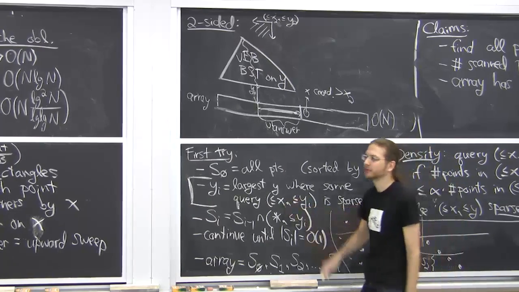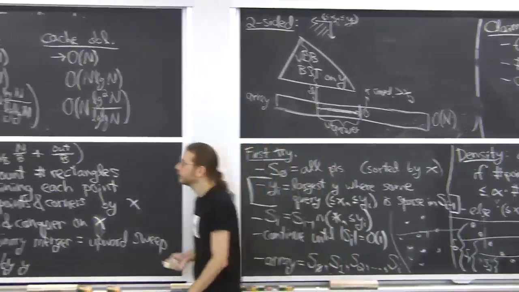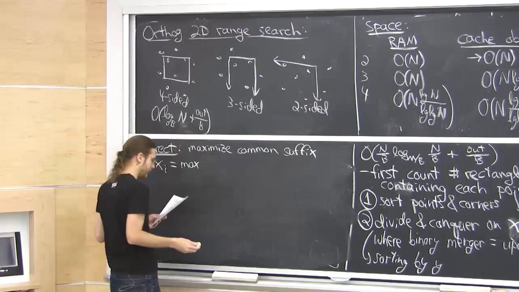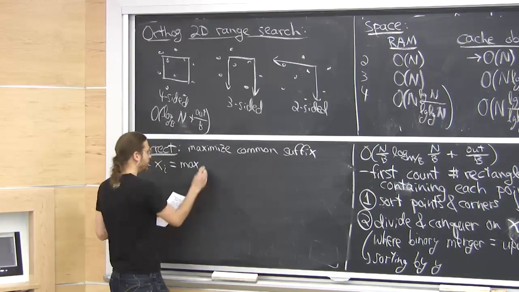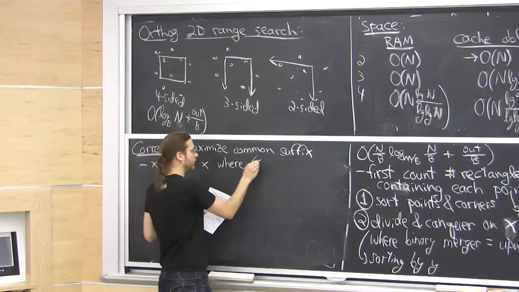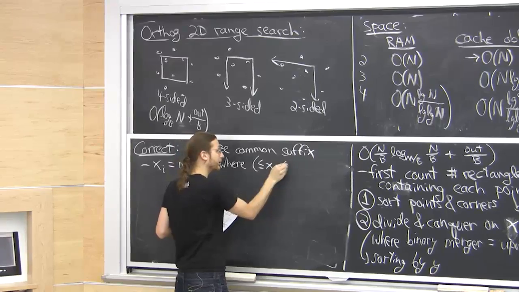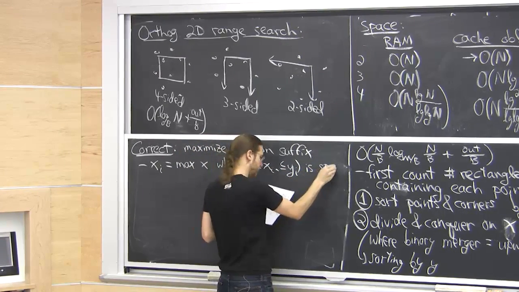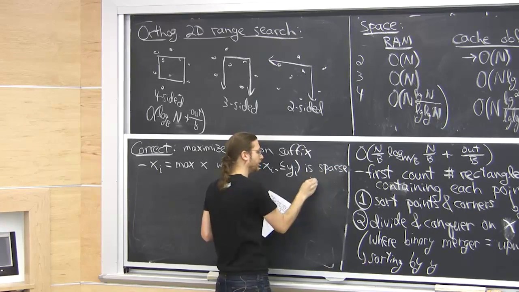What is that x? Let's just look at the maximum possible x that it could be. This will turn out to be really useful. Maximum x coordinate where less than or equal to xi, comma, less than or equal to yi is sparse in Si minus 1.